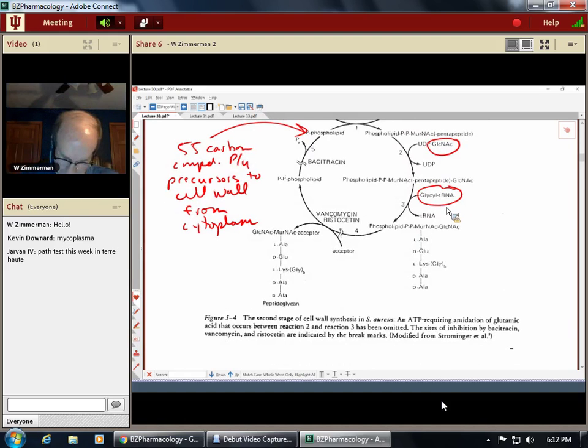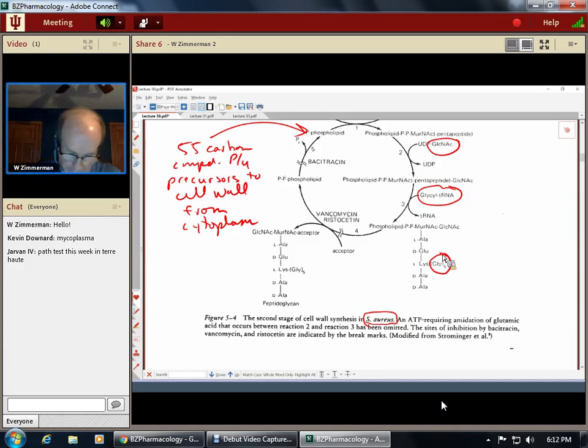The caption says this is the cell wall in Staph aureus. There's slight differences from different bacteria, but Staph has always kind of been the model for what's going on. So we wind up with all these glycines on here, a pentapeptide with 5 glycine molecules.